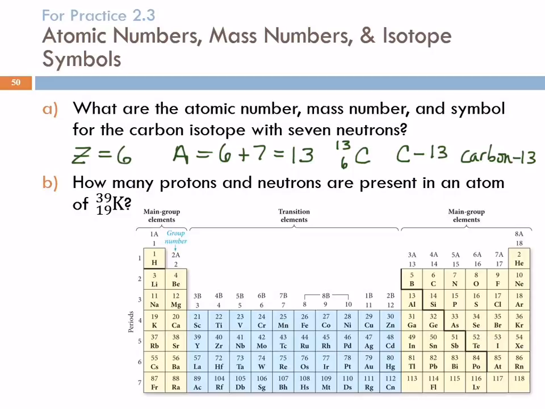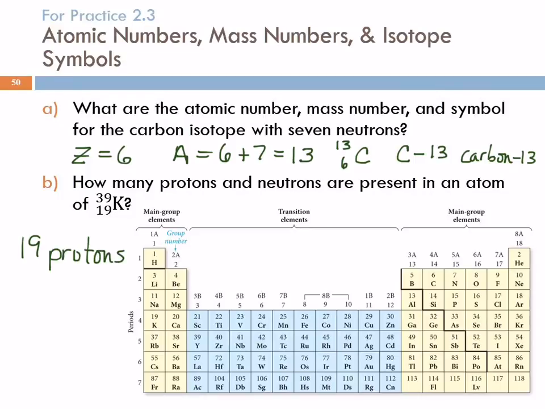Another type of question we could ask is, how many protons and neutrons are present in an atom of this? Another problem with those symbols is, how do you read that? Well, I'd call that potassium 39. Well, how many protons? This number on the bottom tells us the number of protons. So 19 protons.